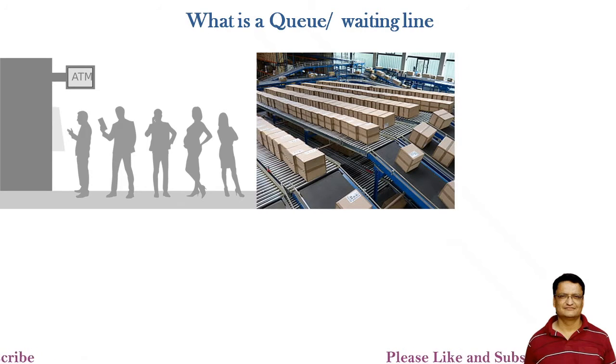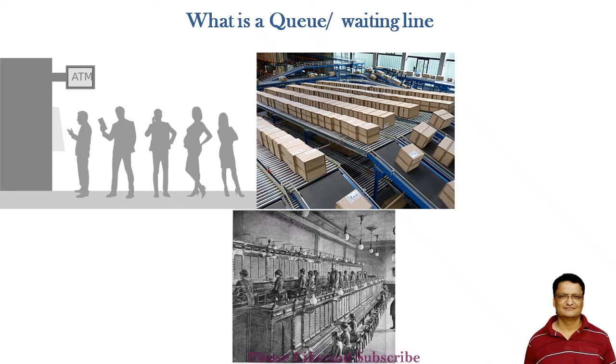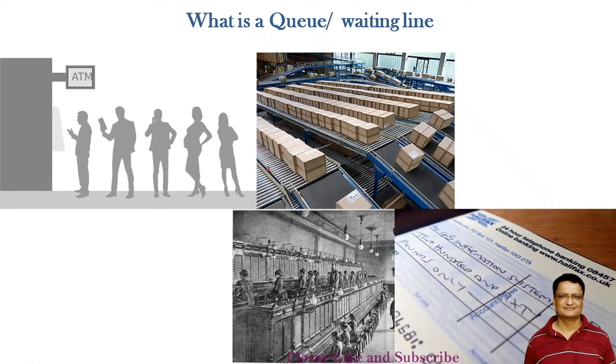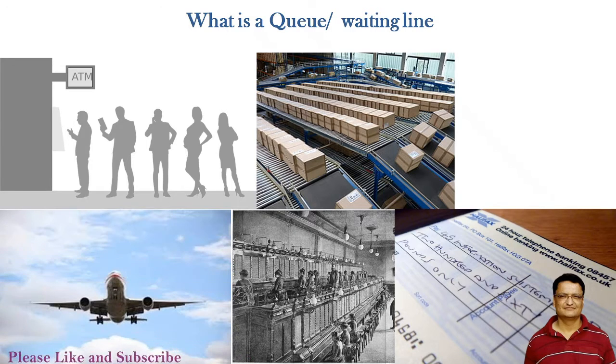So there could be some products waiting to get dispatched, or in older days when telephone exchanges were operated by humans, a call had to wait to get connected. So it was a waiting line for calls, or even in banks when you deposit a check, it is waiting for getting cleared from one bank to another bank.